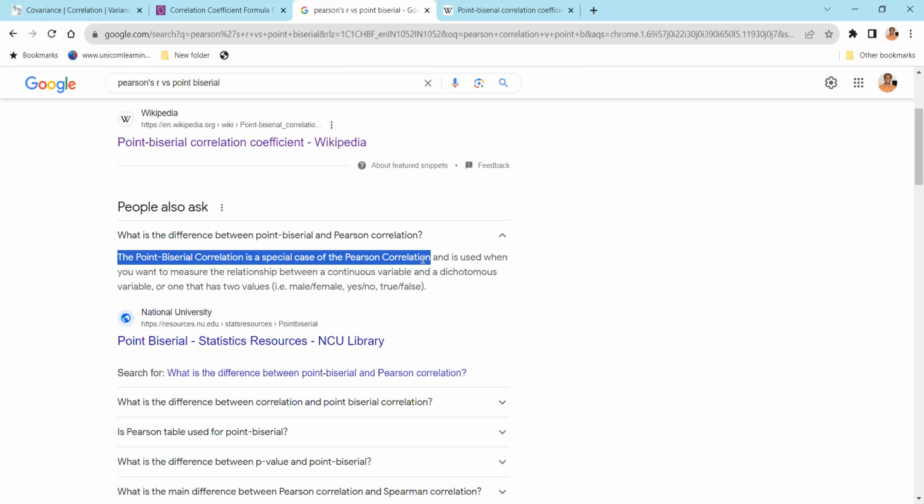So what is dichotomous? Categorical value. We have seen categorical versus categorical, and we have seen numerical versus numerical, right? This is when one is categorical, one is numeric. So point biserial we'll see tomorrow.